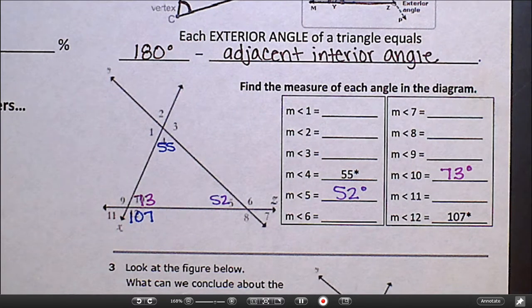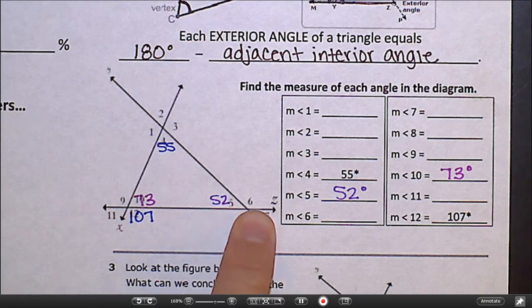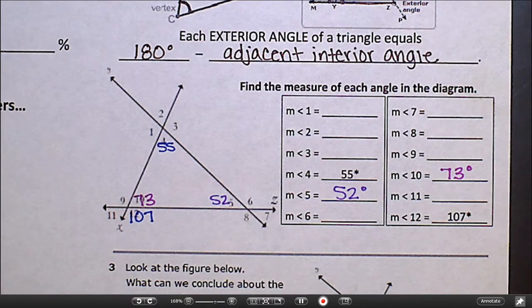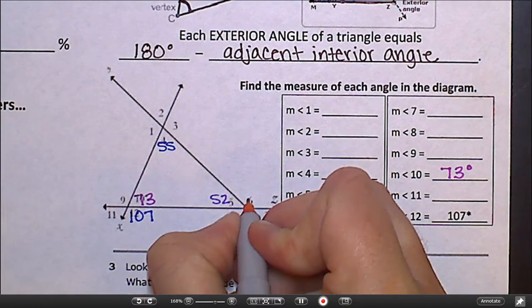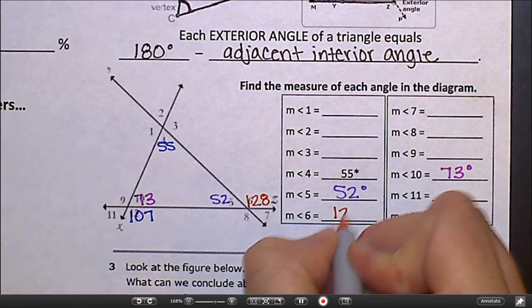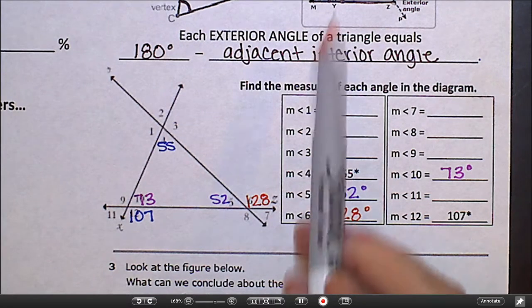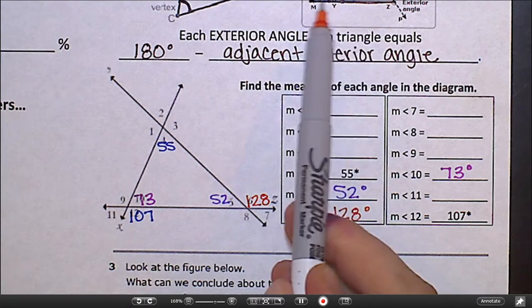I know that 52 degrees plus something have to give me 180. So I'm going to take 180 minus the 52 degrees that are right here, and I get 128 degrees for angle 6. 52 plus 128 gives me 180, which is what it needs to be for my interior and exterior angles.